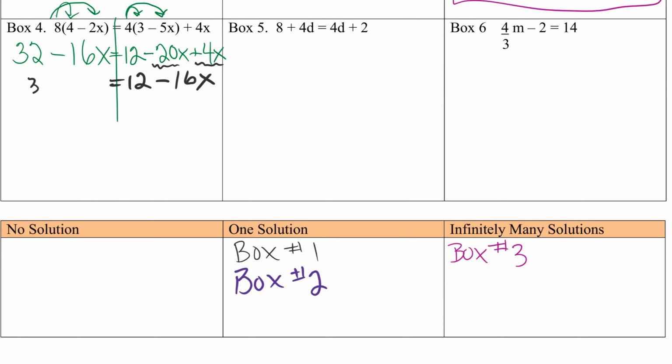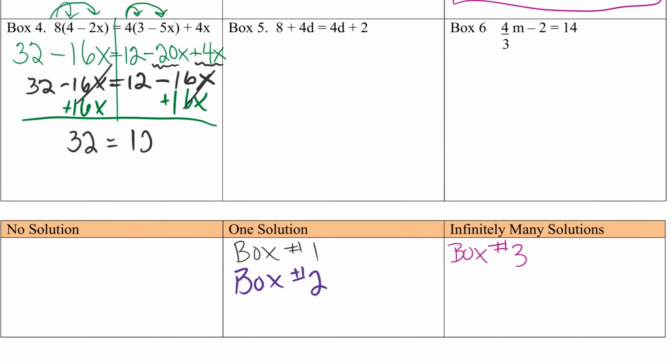On the other side, I have 32 minus 16x. I'm going to add 16x's to both sides. That's 0 and 0. 32 is equal to 12. Okay, well that's false. That's not true.